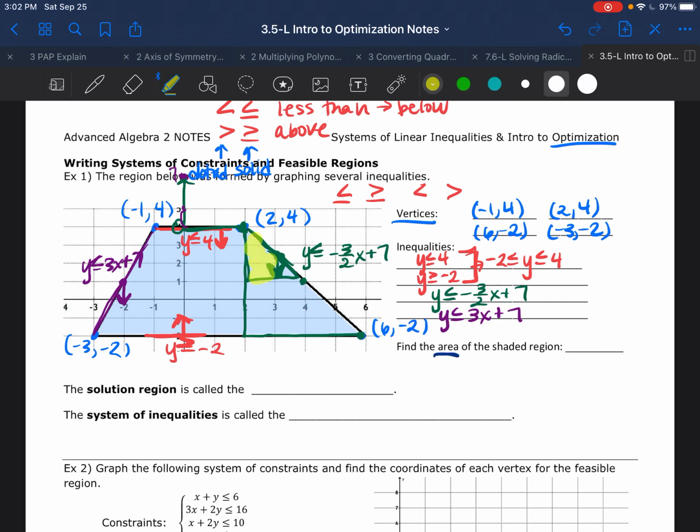The area of this triangle right here, and then we could figure out this triangle over here, and then we could also figure out this rectangle right here.